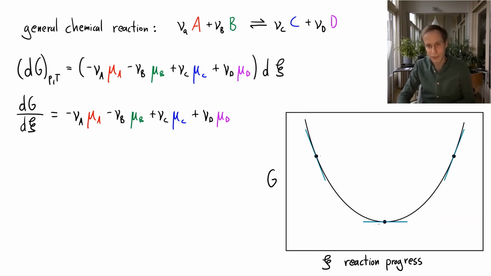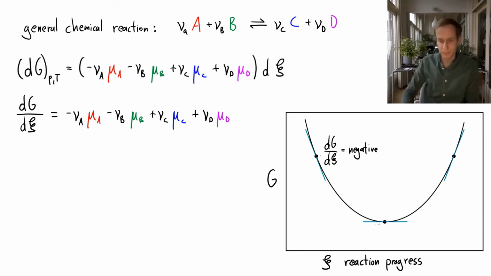The first one on the left here. That point is where the value for the slope of the free energy with respect to the reaction progress is negative, right? That tangent that we draw here, which is the derivative of the function at that point, is negative. It has a negative slope. It goes down here.